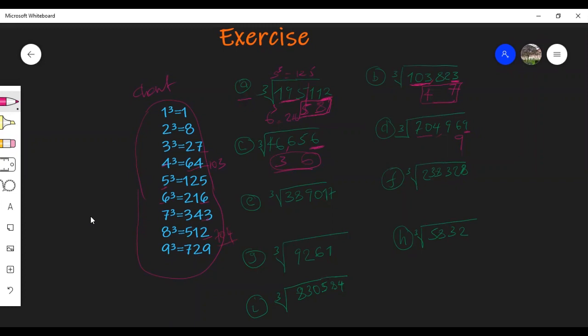And because it's not yet 729, I will take the lower, which is 8. So the cube root of 704,969 is then 89. Let's try the next one. I just want to go through all of them so that you see how easy this is and how helpful this chart is.